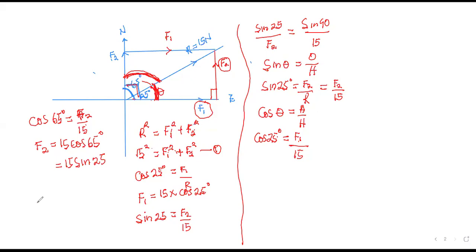Check and then let's confirm for me. Input these values: 15 times the cosine of 65 and then 15 times the sine of 25. Giovanni, what's the answer? 6.339.